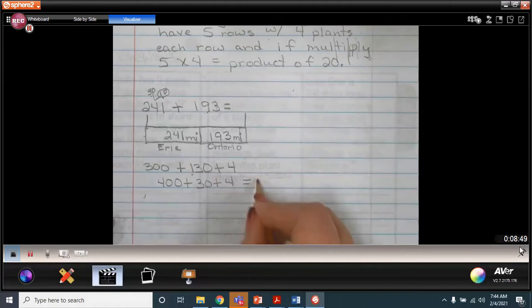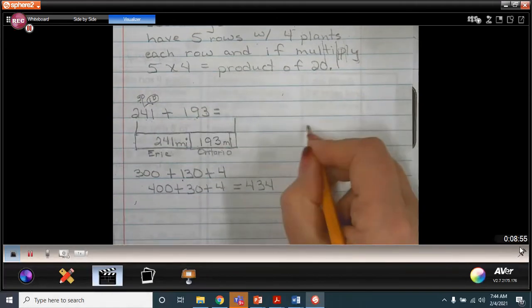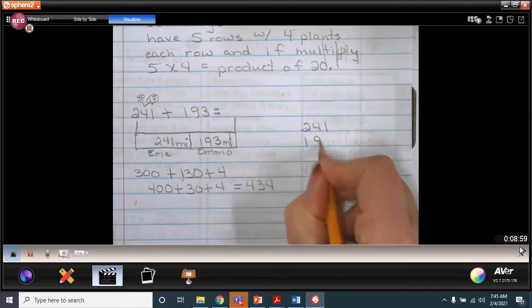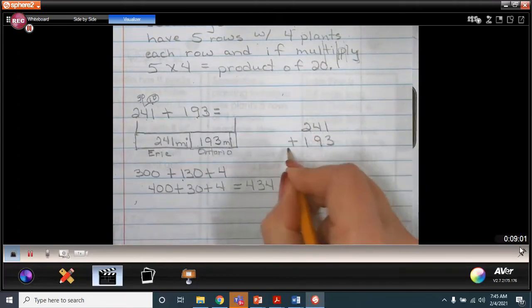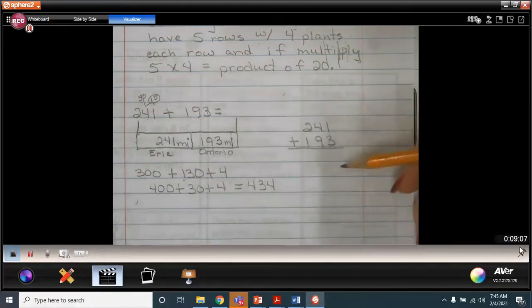Now I can put it all together with 434, or I can also use my algorithm of 241 and 193. I make sure that my place values are lined up because we don't want to add place values to place values that they shouldn't be lined up with.